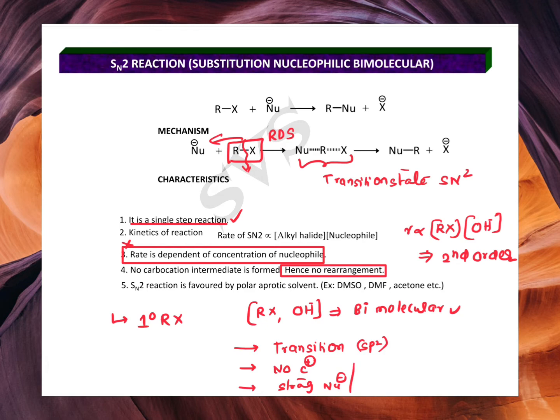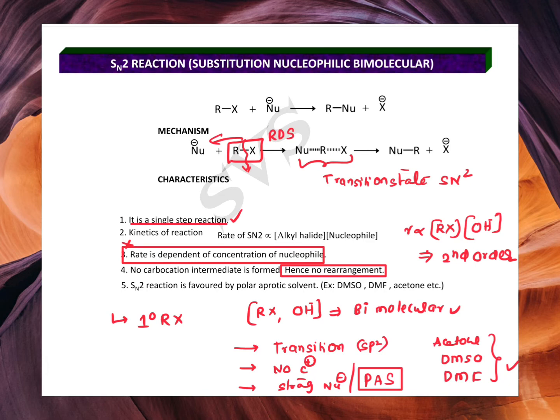And very important, a polar aprotic solvent like acetone, DMSO (dimethyl sulfoxide), dimethyl formamide, etc. favors the SN2 mechanism.